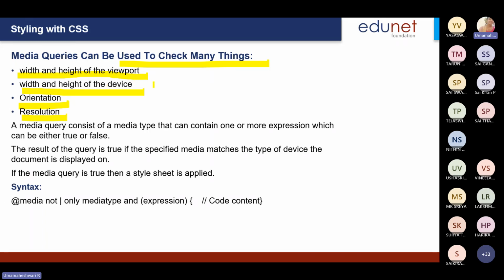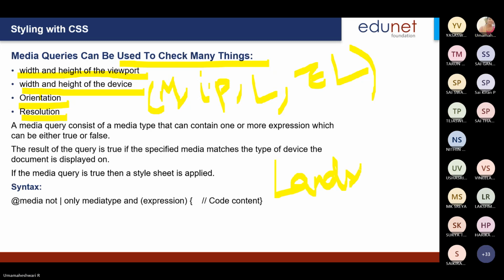The device is a mobile, an iPad, a laptop or an extra large laptop. These are called the devices. Then what is orientation? Orientation means landscape or portrait.